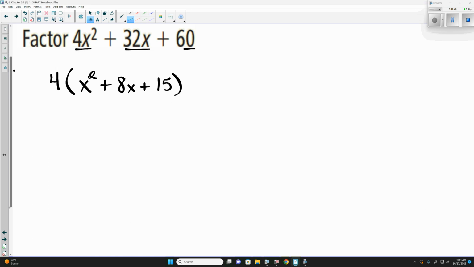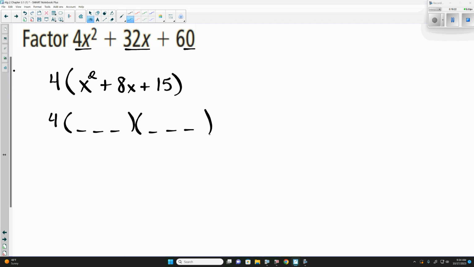Our second step, especially if these factor, is to write our 2 sets of parentheses with 3 spaces. And again, our 3 spaces, this is just to help us space them out so that we have enough room for everything to fit. Once you do get used to these, you don't necessarily have to write the 3 spaces, because if you have them spaced out nicely, you don't need it. So it takes care of steps 1 and 2.